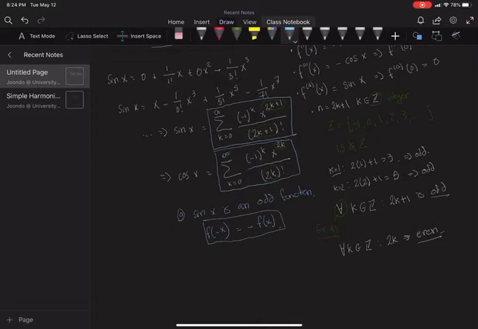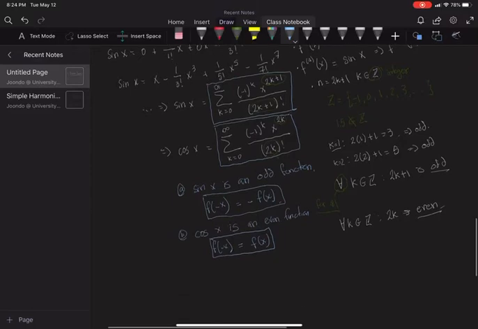Because of this, we can say this is an odd function. And second, cosine of x is an even function, so f of minus x is equal to positive f of x. And this is the definition of an even function.